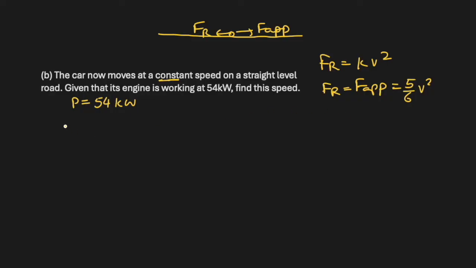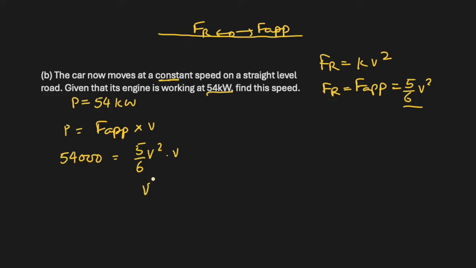All right. So power is applied force times speed, right? In place of applied force, we can write 5/6 v squared. So 54,000 is the power, 54 kilowatts, and this is 5/6 v squared, and there is one more v.